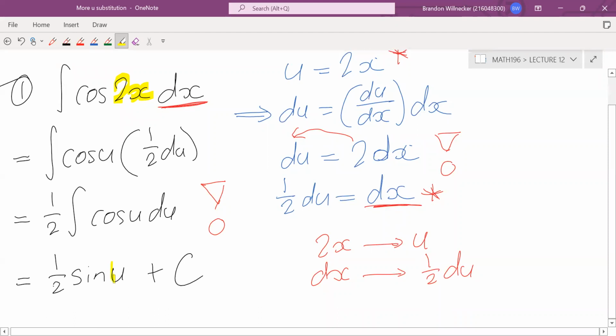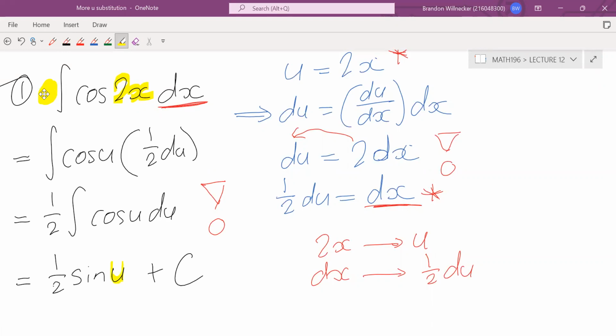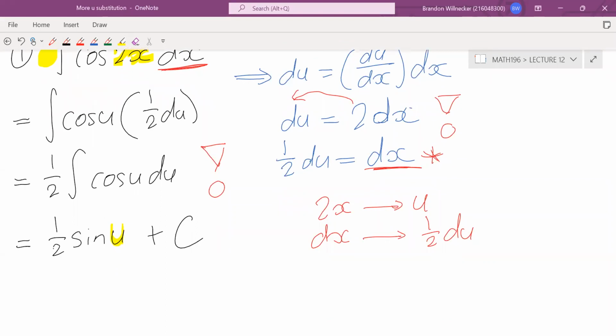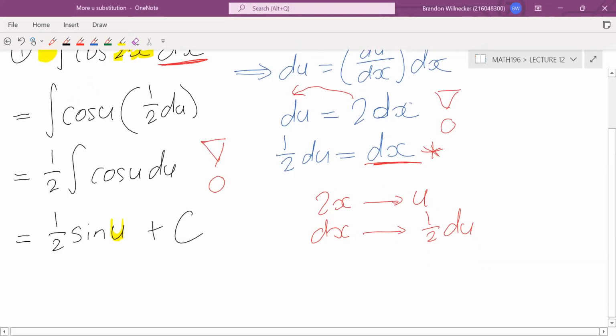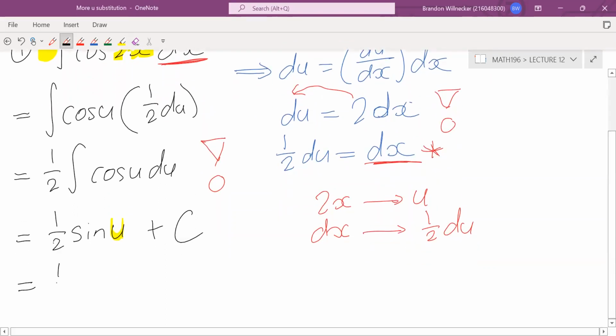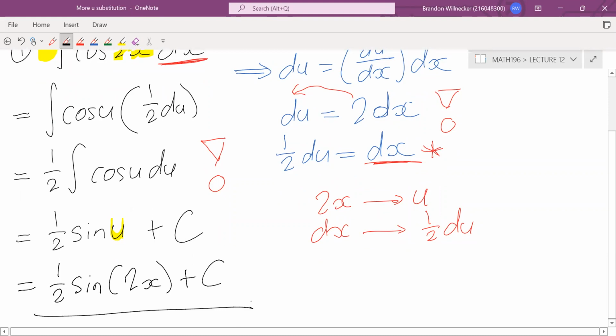But this is in terms of u. The original question was in terms of x. So we need to go back to x. Remember, u was equal to 2x. So this is going to become 1/2 sine of 2x plus c.